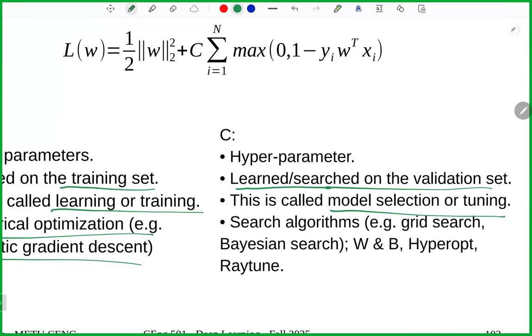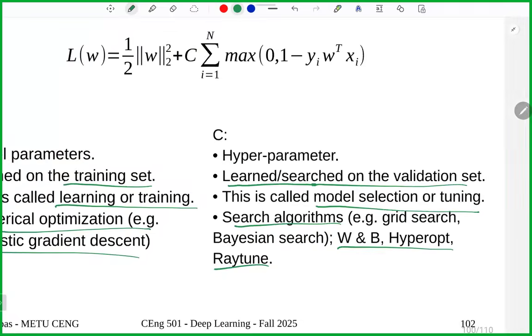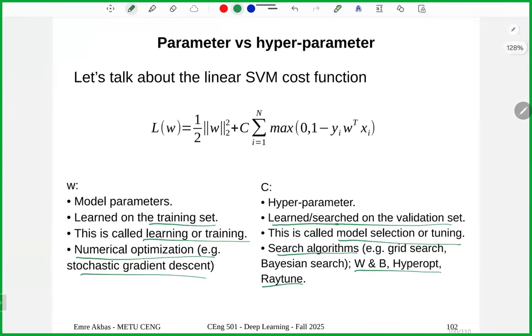And there are search algorithms to do that. For example, grid search is the most widely used one, but there's also Bayesian search. And there are computational libraries, packages that do this for you. For example, Weights and Biases, Hyperopt, Ray Tune, etc. So this is the distinction between parameter and hyperparameter.